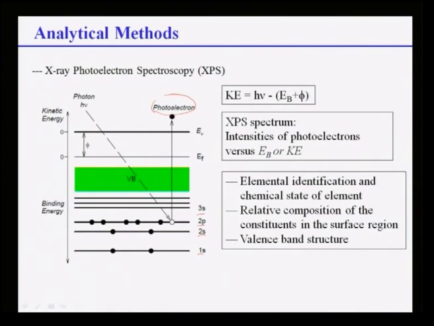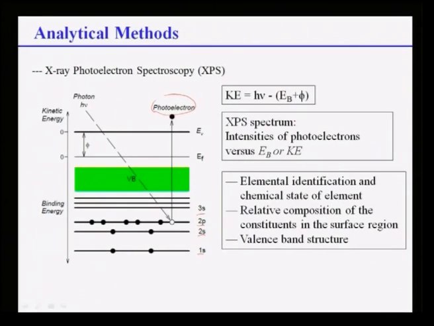So we can calculate the kinetic energy of the photoelectron as h nu, which is the incident energy of the photon, minus EB, where EB is basically the binding energy, plus phi, the work function. So this is the work function, you know, and EB is basically the binding energy.